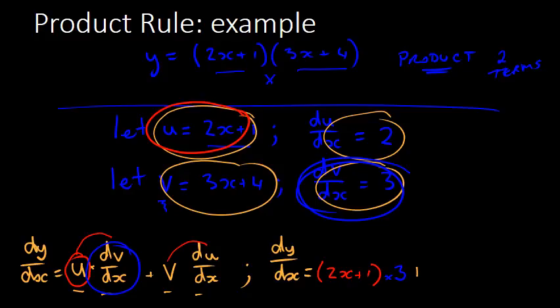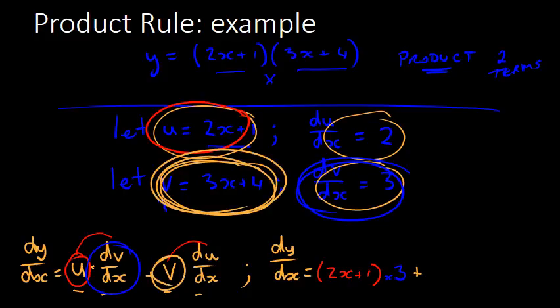Then we're going to add to that the v term, which is 3x plus 4, multiplied by du/dx, which is this one here, which is 2.